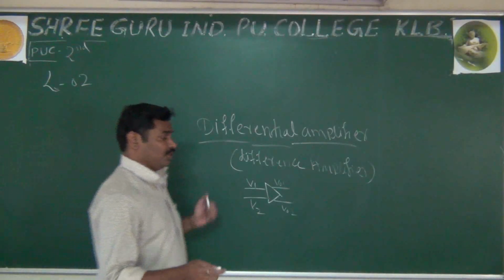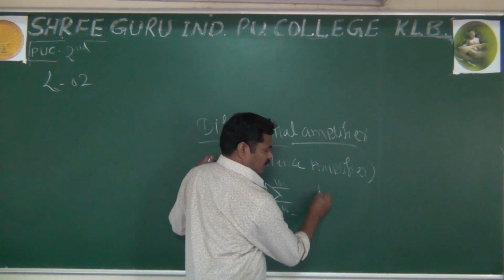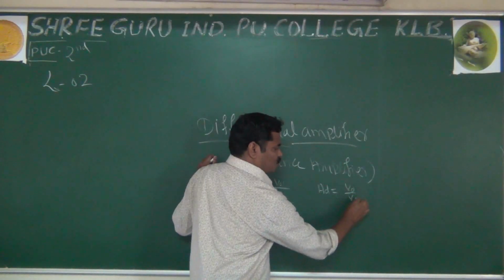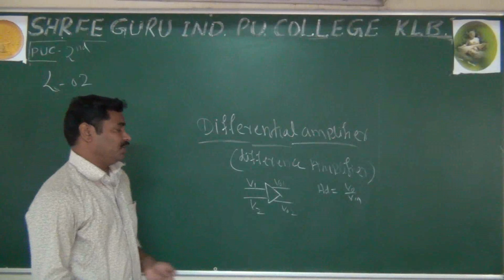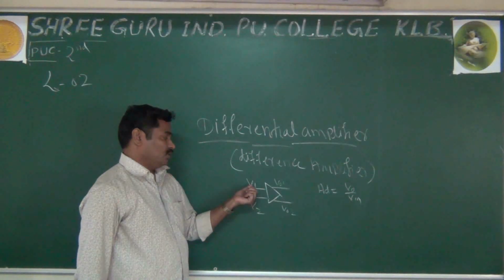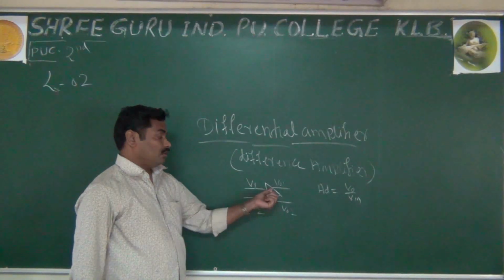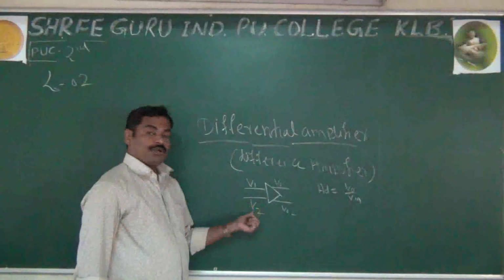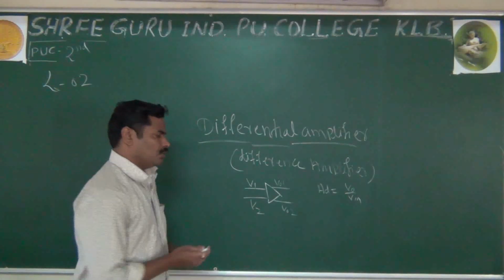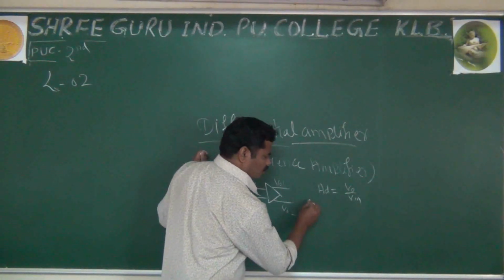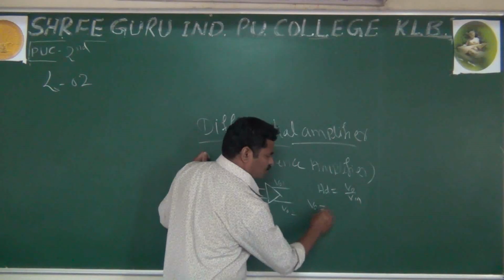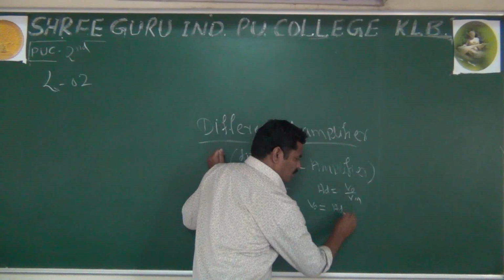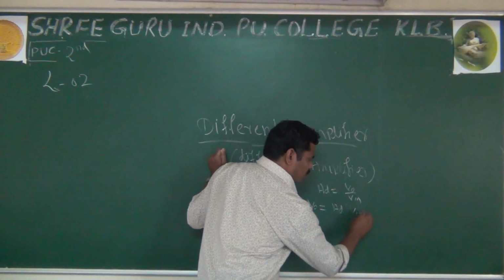As we know, the gain is AD equal to V0 by Vi. But in this case, the output will be amplified by the difference of the two inputs, so V0 equals AD into (V1 minus V2).